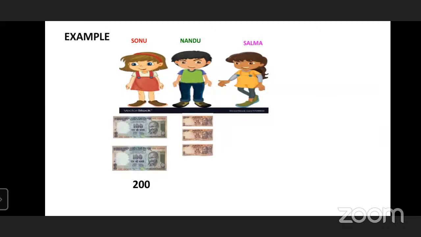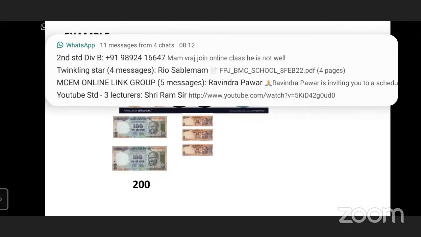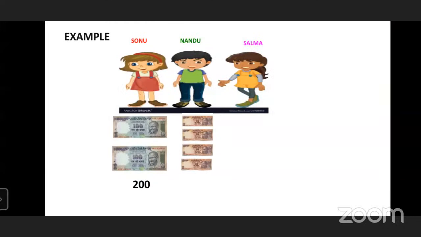Out of 10 notes of 10 rupees, she gave 7 notes. See, 1, 2, 3, 4, 5, 6, and 7. These 7 notes of 10 rupees she gave to Nandu. Now it is easy for her because she has the change of 100 rupees.